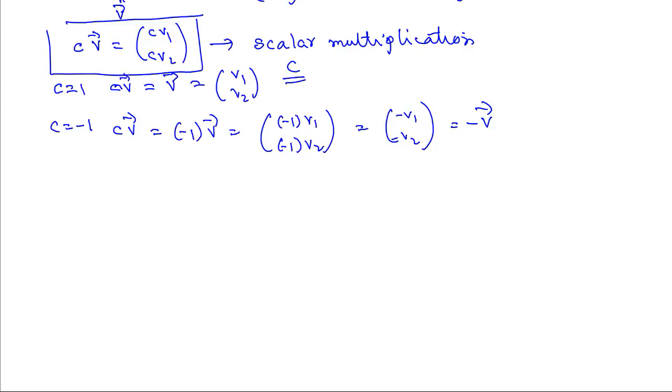Another interesting thing to note: what about the operations we do, the addition operation? There is a property: vector addition is commutative.